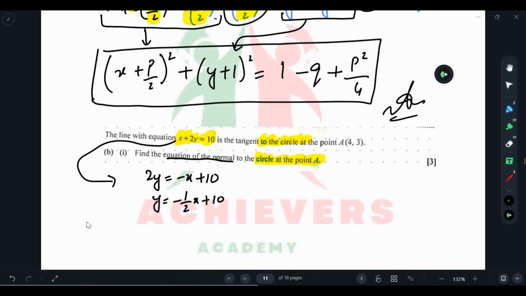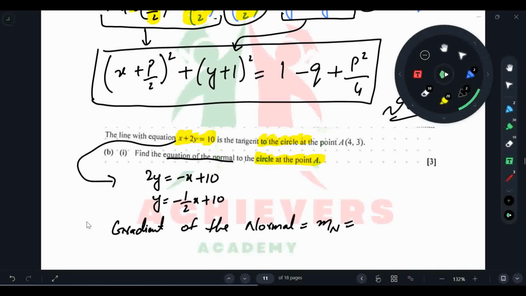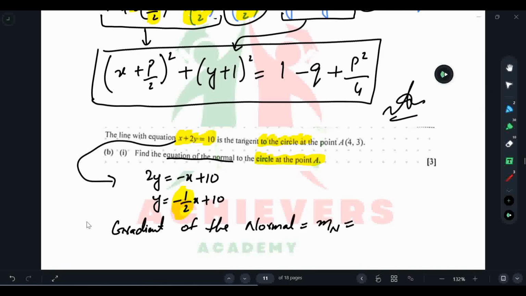For the equation of the normal, we just need a gradient and a point. The gradient of the normal will be equals to the negative reciprocal of the gradient of the tangent line. So if we take the negative reciprocal of this, it should be equals to 2.